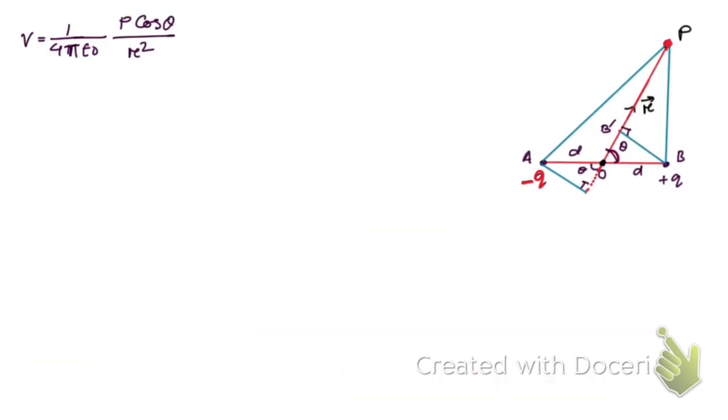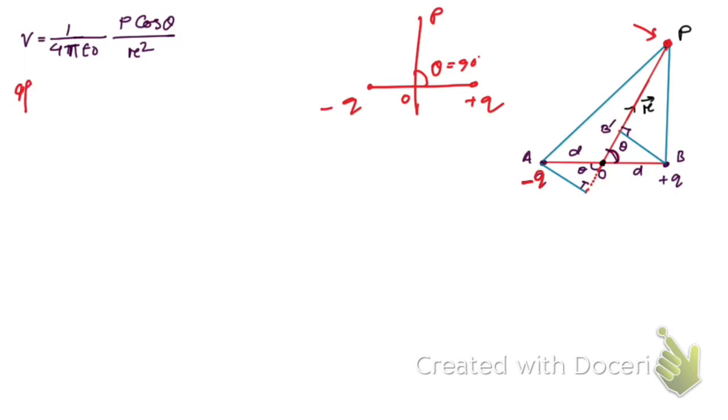At the equatorial line, this is minus q, this is plus q, this is P, then this theta is going to be equal to 90, right?